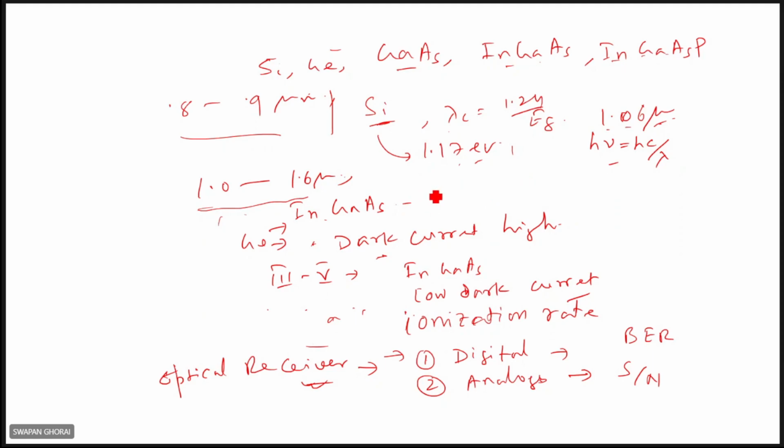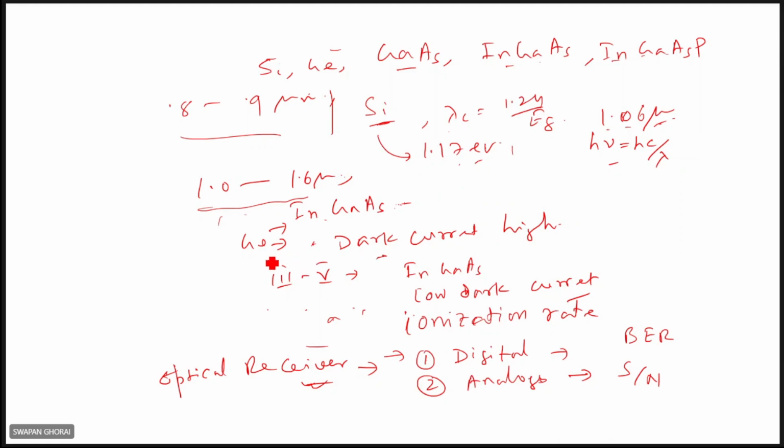And the absorption coefficient is quite large for these materials in the long wavelength region. Of course, germanium photodetectors are also useful on the longer wavelength side, up to 1.55 microns.